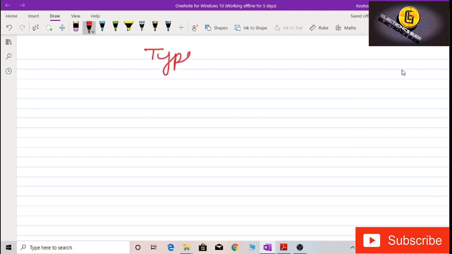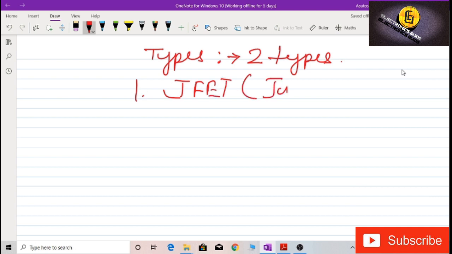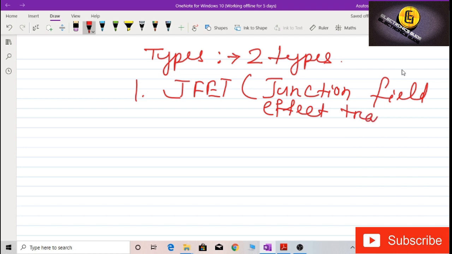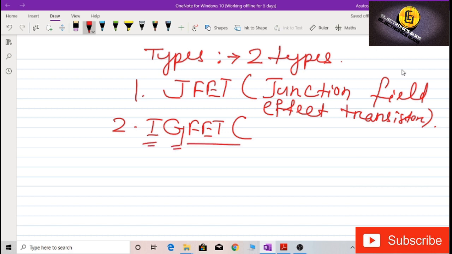Types of FET. Basically, FETs are divided into two types. The first one is the junction field effect transistor, in short JFET. And the second one is IGFET, insulated gate field effect transistor.